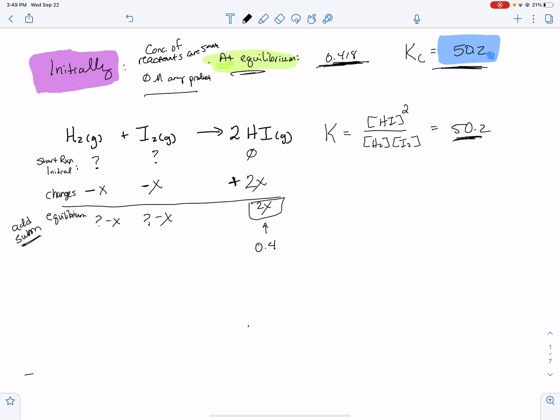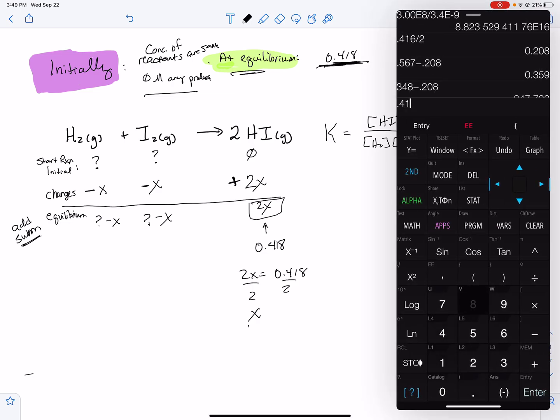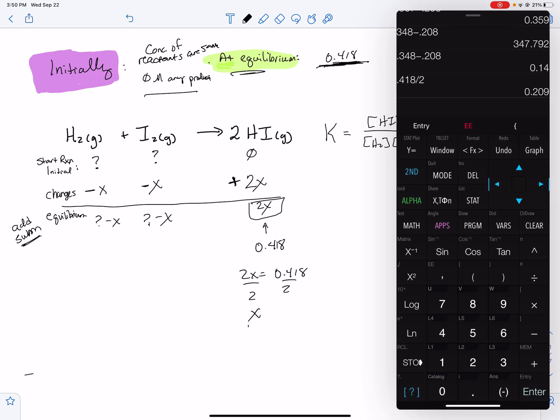So this is 0.418. If 2x is equal to 0.418, then I divide both sides by 2, and I get that x is 0.418 divided by 2, 0.209. Then I can plug this in as question mark minus 0.209, question mark minus 0.209. We could call that an I for initial also.